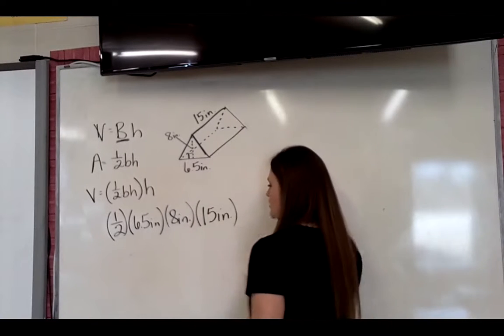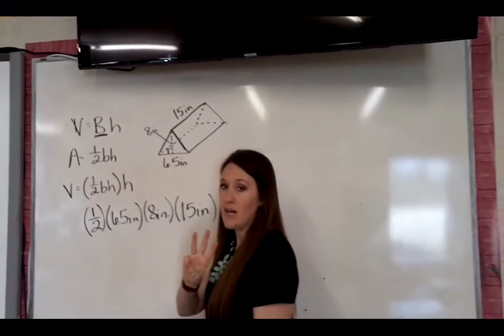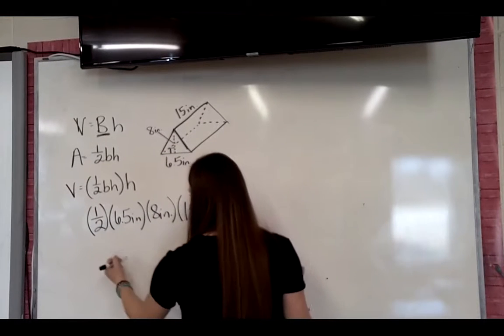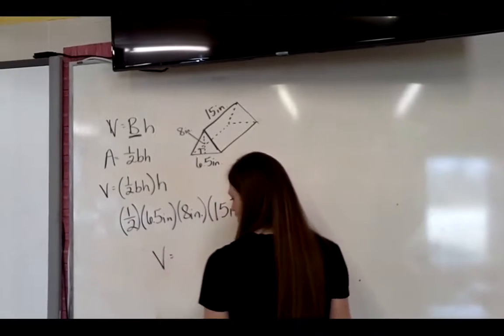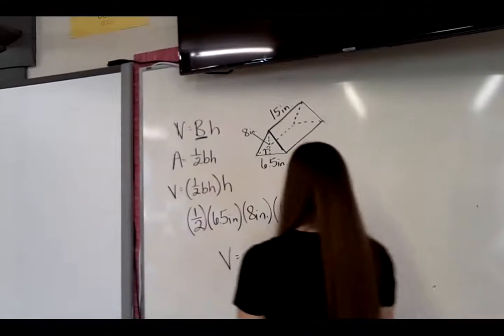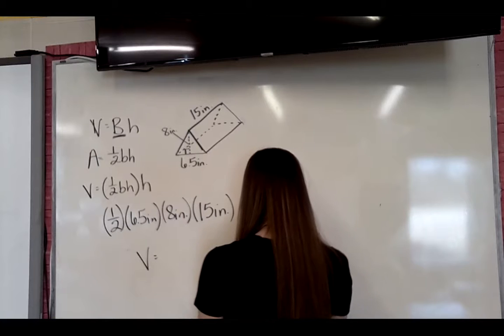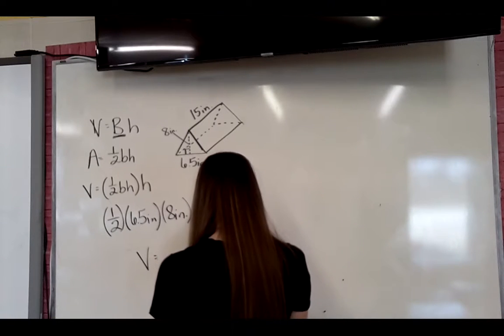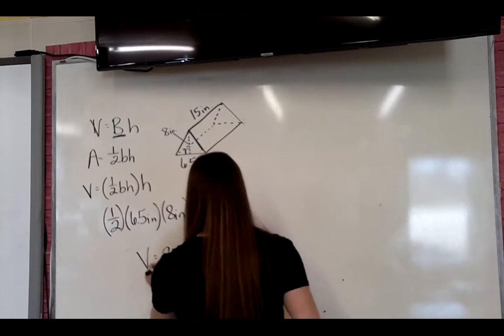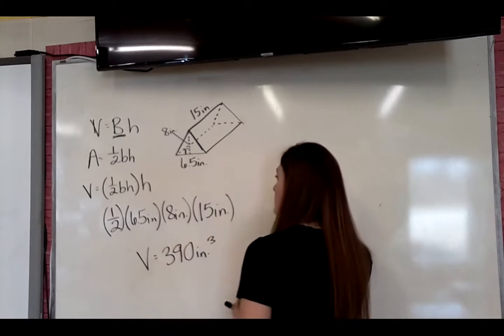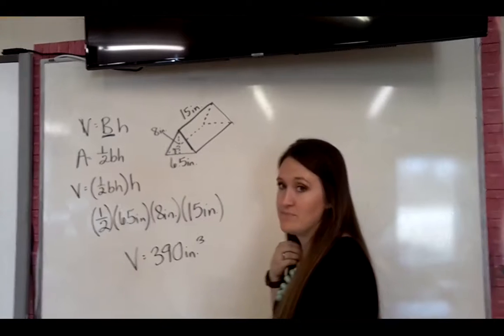So again, if you look at your units, I have inches being multiplied 3 times, so it's going to be cubic inches. And we are just multiplying all those numbers together. 6.5 times 8 times 15, 780, but times 1/2 is 390. So 390 cubic inches is the volume of this triangular prism.